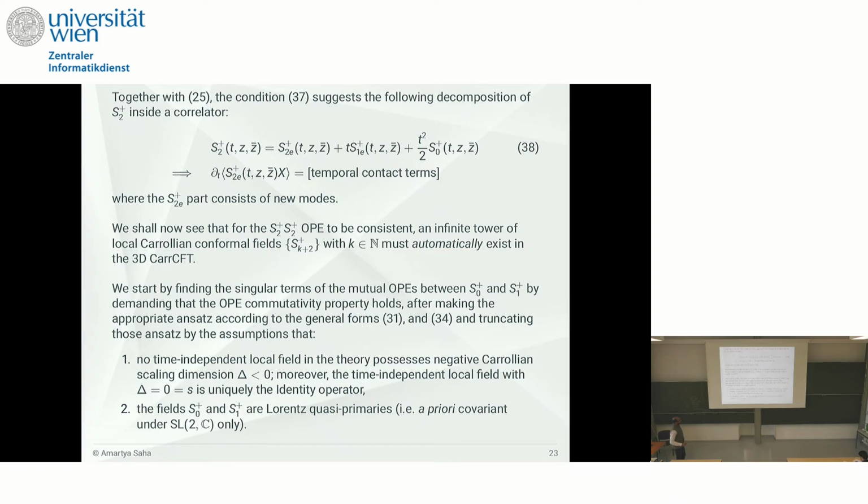Moreover, the time independent local field with delta equal to 0 and S equal to 0 is uniquely the identity operator. This is the assumption, and the second assumption, that the fields S0 plus and S1 plus are Lorentz quasi-primaries, is borrowed from the celestial CFT literature.